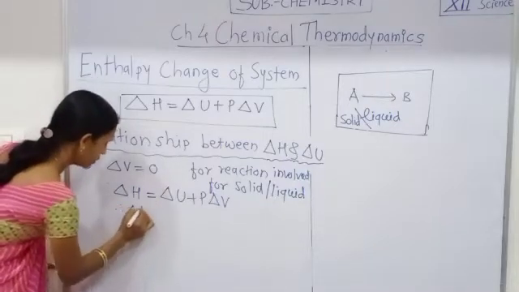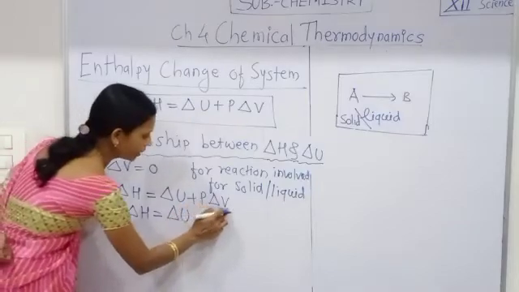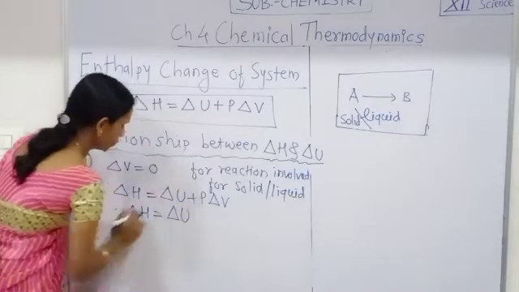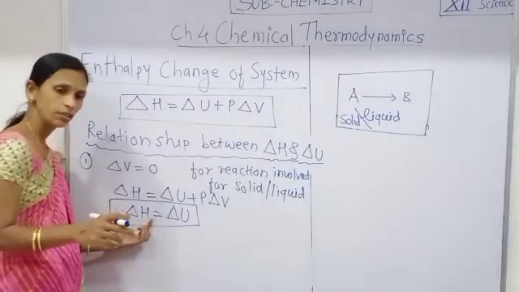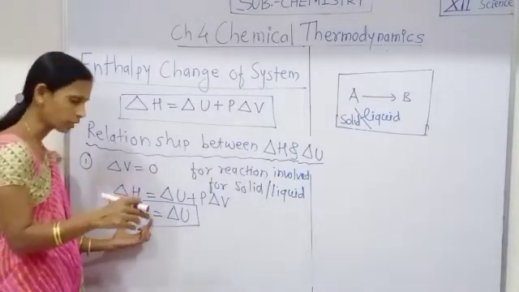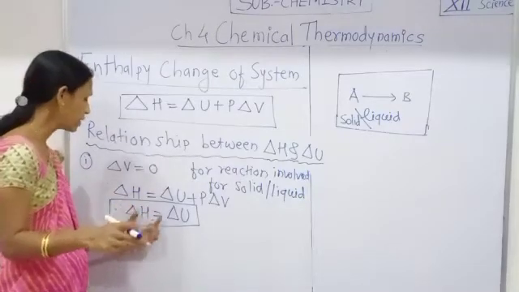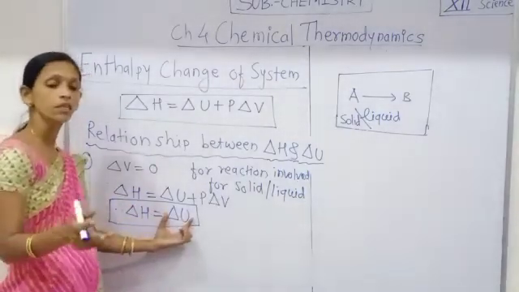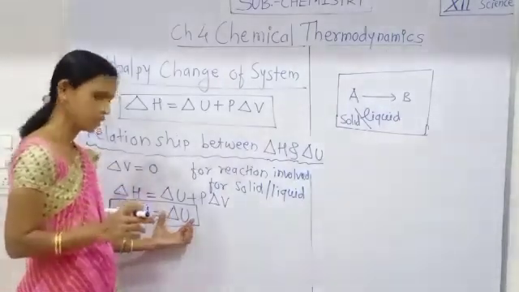Therefore delta H is equal to delta U, because P delta V becomes 0. That means the enthalpy change for a reaction in the system for liquid and solid is nothing but the change in internal energy of those substances.